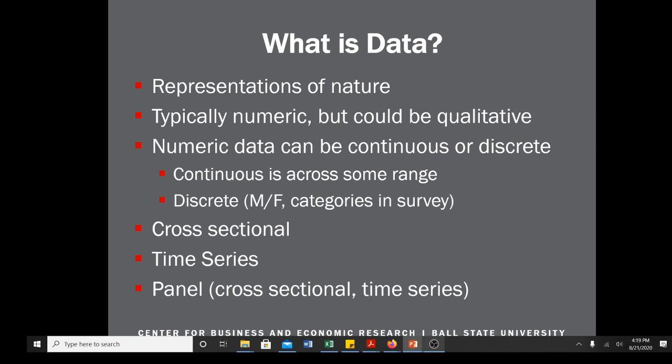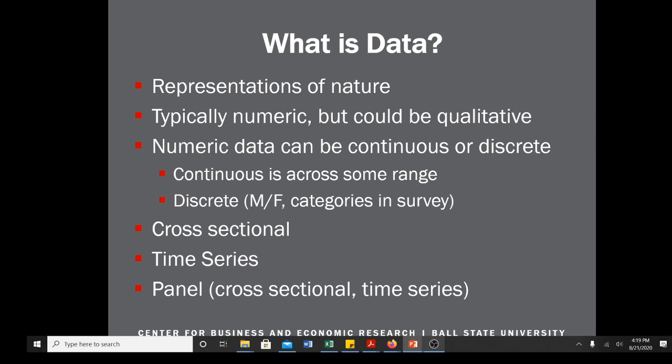Those are cross-sectional data examples. And then time series data are data that cover a single unit over time, the unemployment rate in the United States, the number of people working in Missoula, Montana. Those are time series data, and they're displayed typically in line or bar charts or column charts that have time as a horizontal axis.